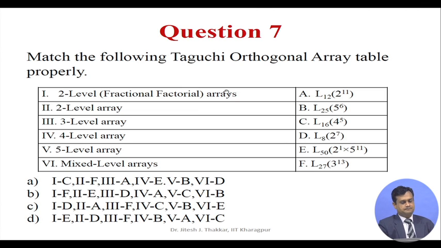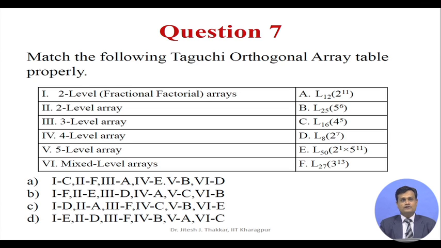Question 7. Here you are asked to match the various options as per the Taguchi orthogonal array table property. So, 2 level fractional factorial arrays, 2 level array, 3 level array, 4 level array, 5 level array, mixed level array, and on the other side you can see the options A L12, B L25, C L16, D L8, E L50 and F L27.